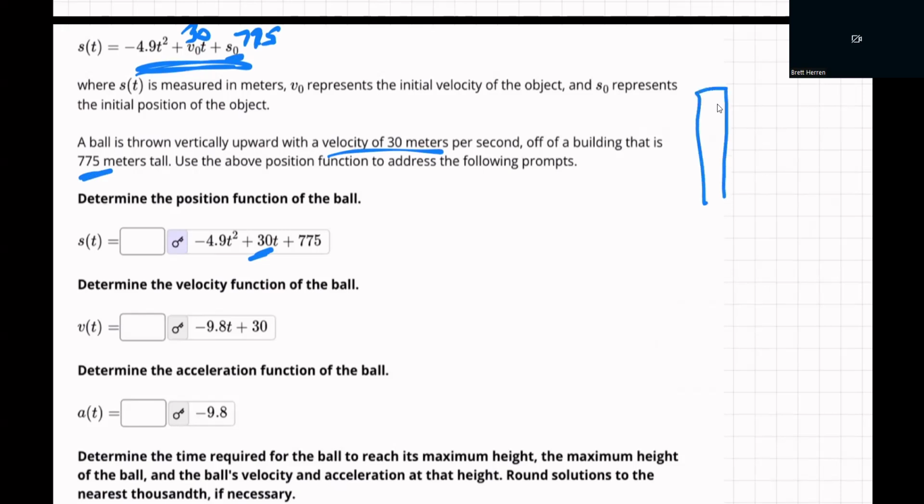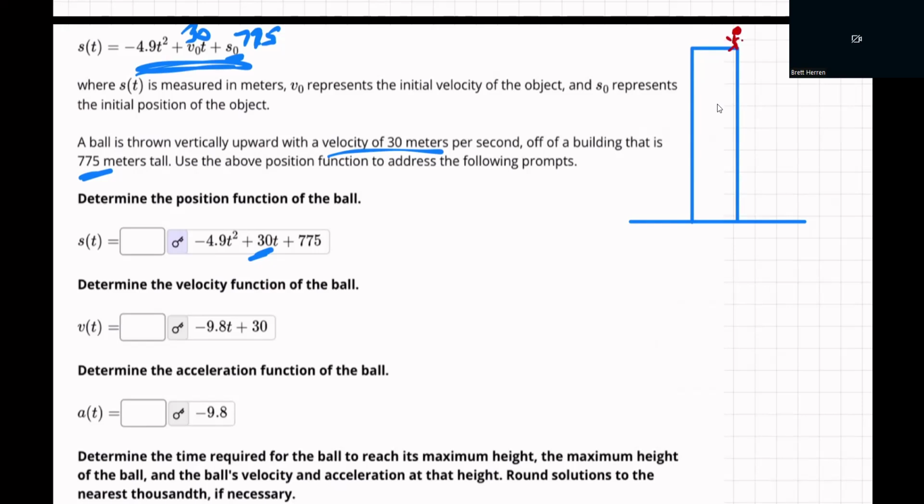Let me draw it. Oops, that's not a very good building, and now it's all crooked. It's like a cartoon building. So we have the ground, we have some big building like that, and somebody's up here taking a ball. I'm going to put a little person.